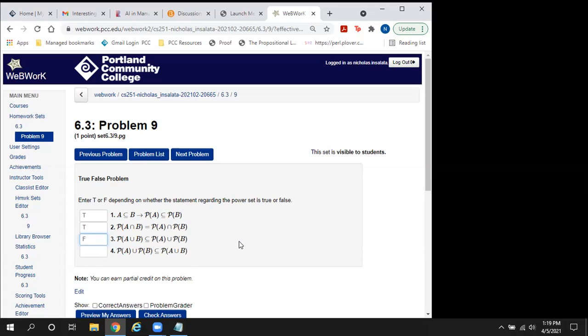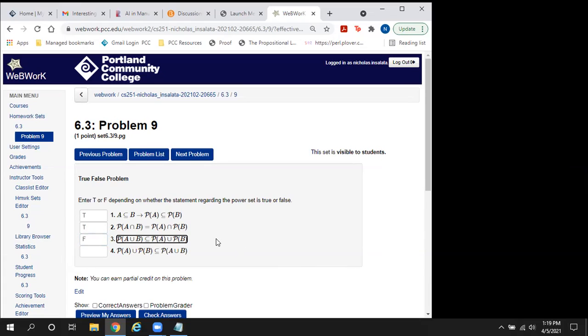What specific sets can we set to A and B so that that containment does not work? One and two?